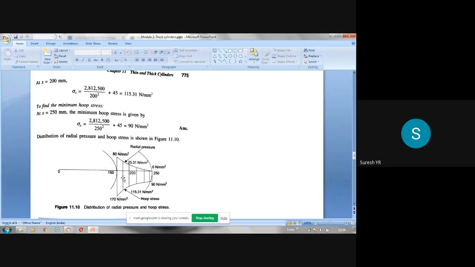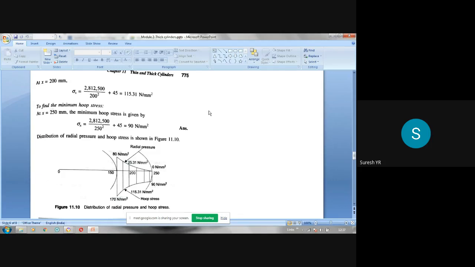That's why they have plotted on opposite sides of this line, and they are parabolic in nature, because both Px and sigma x vary inversely as x square: b by x square minus a, b by x square plus a. That means an x square term is there, that is why it is parabolic. So both of them vary parabolically.